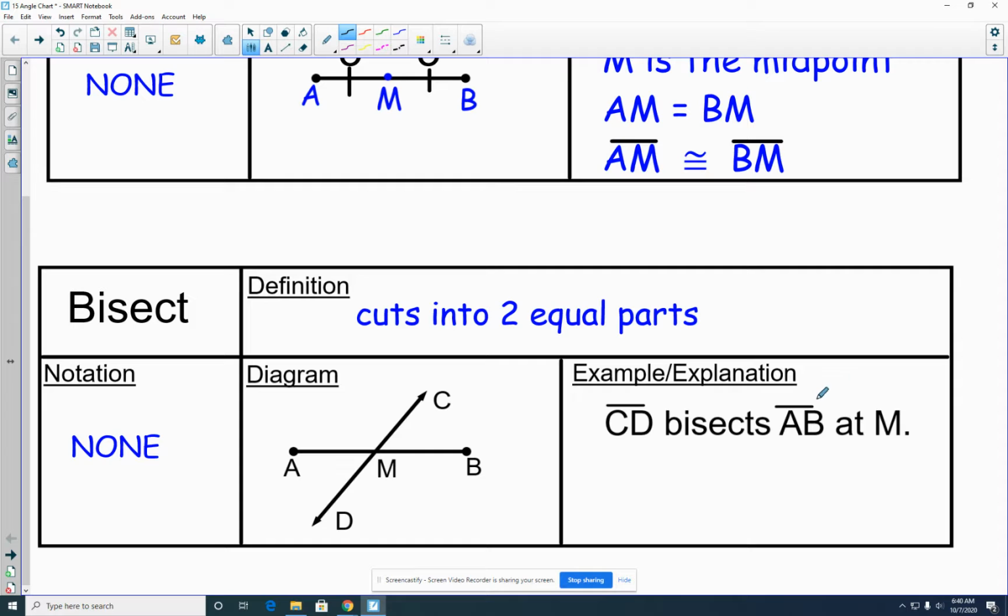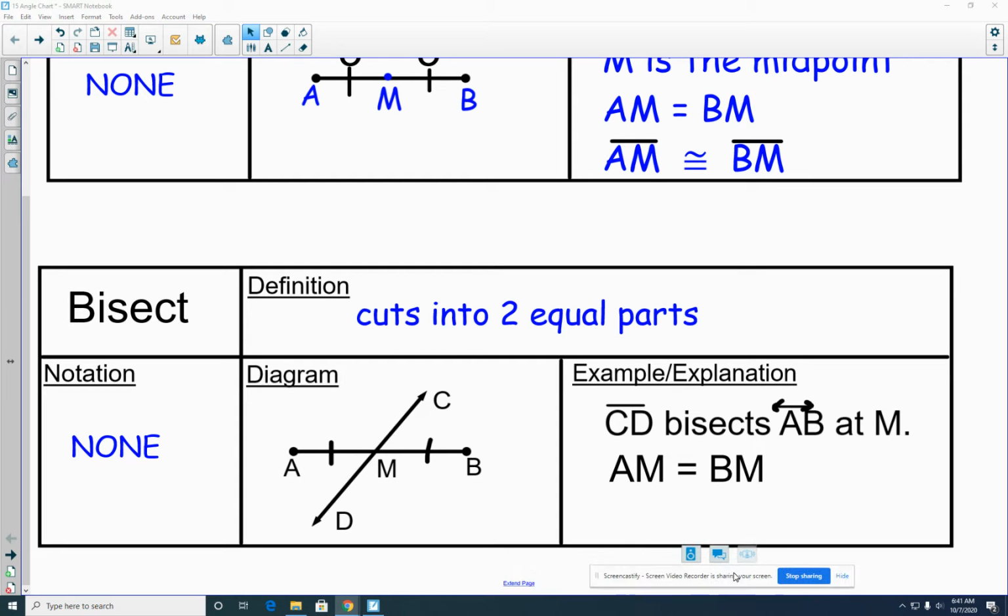Put little arrows on the end of AB at M. With that being said, I now know that AM and BM are equal, right? And if they're equal, like we said before, they're also congruent. That also makes M the midpoint. When it bisects a segment, it goes through the midpoint.